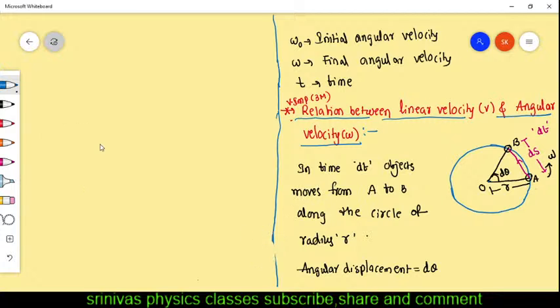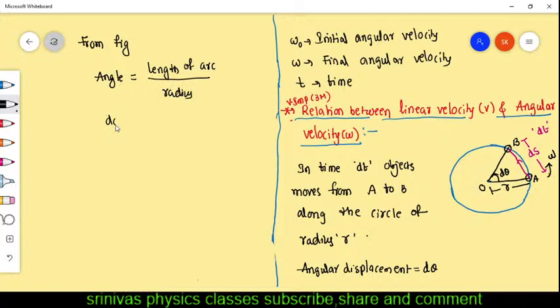Now see here. From the figure we write like this. There is a mathematics formula: for small values, angle is equal to length of arc by radius. How much angle is it rotating? d theta here.